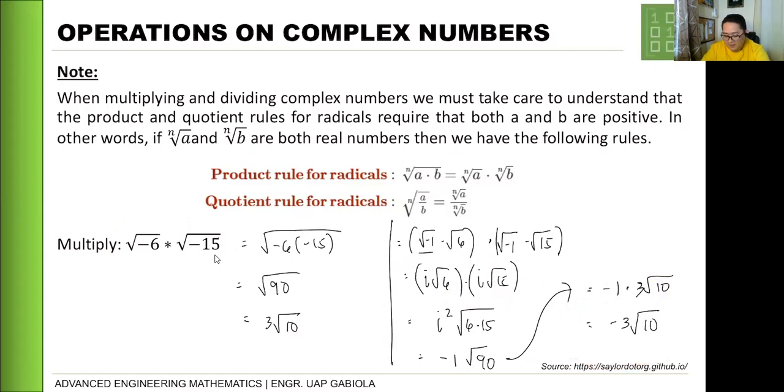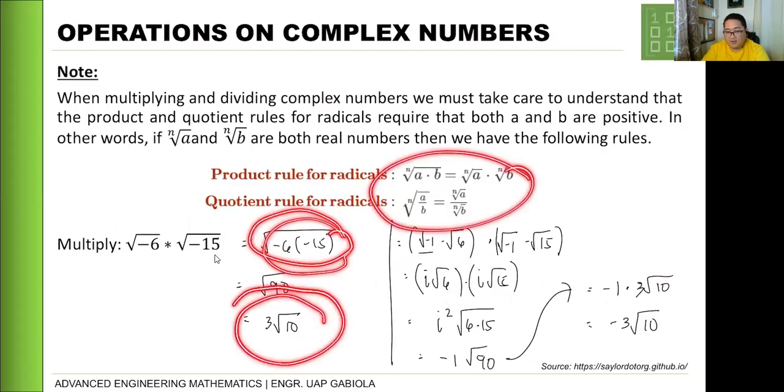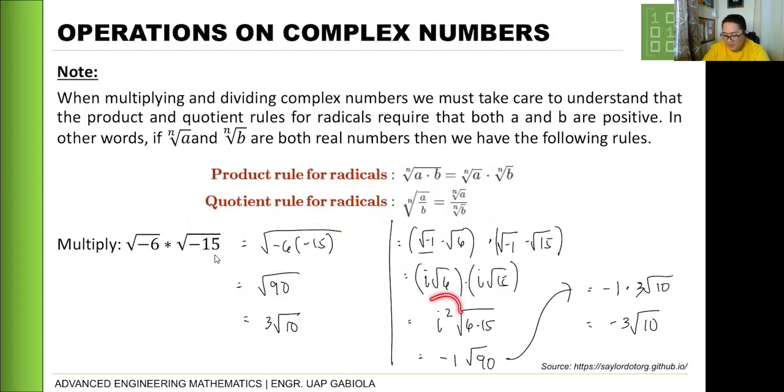Okay? Kasi kapag diniretso natin siyang ganito, applying yung rule ng product rule, magiging positive yung answer natin. Kumbaga, nakaligtaan na yung I squared natin, which is very important when we are dealing with complex number. Okay? So, yun lang naman yung note na kailangan tandaan.